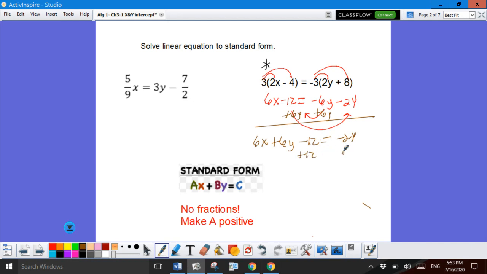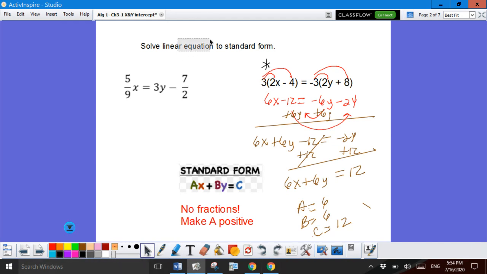I also need to add the 12 to move it to the other side. So this is gone. So 6x, 6y, and a 12. So now I can clearly see what my A is, what my B is, and what my C is. So A is 6, B is 6, and C is 12. Okay, good job.